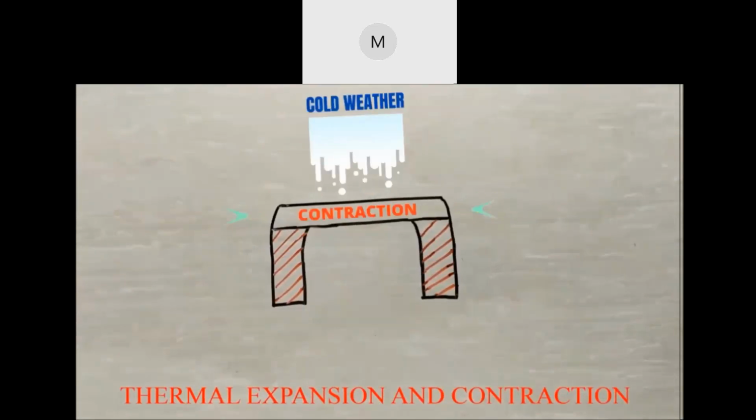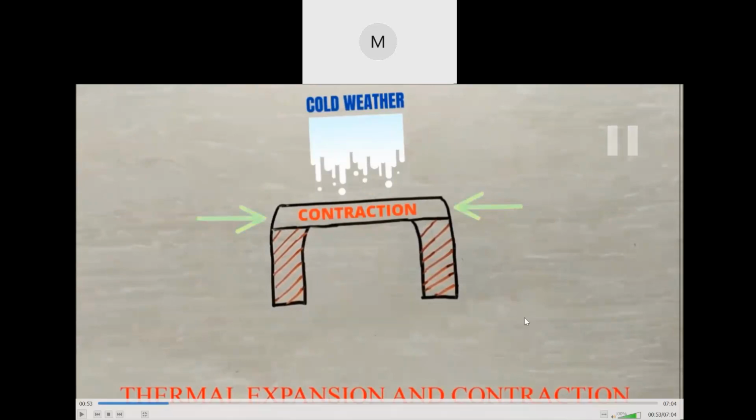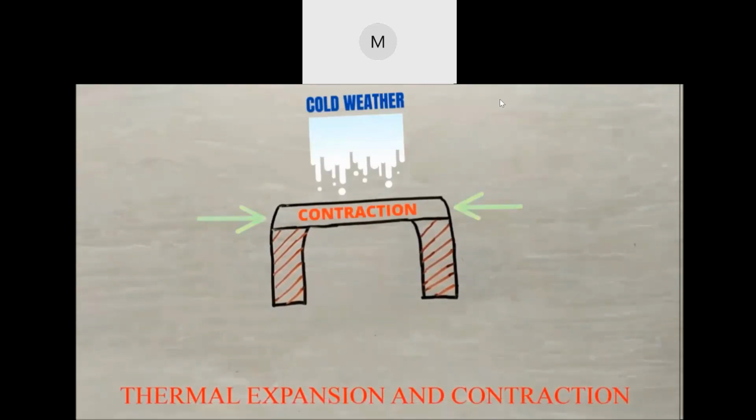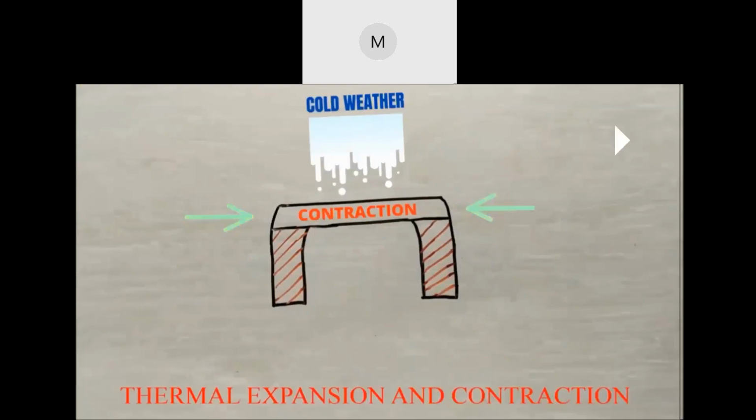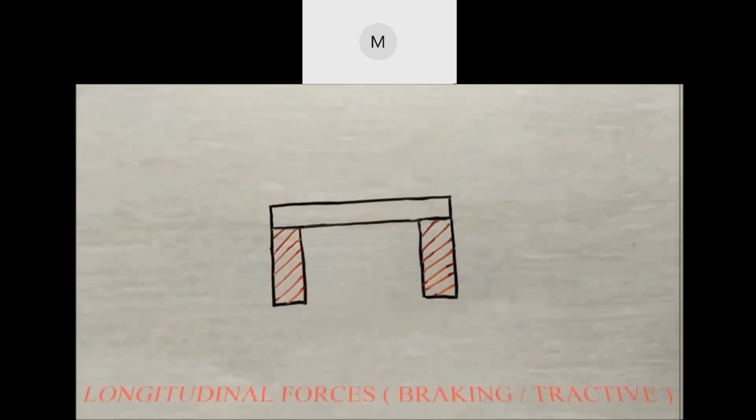So in cold weather, bridges having a long span contract and pull the supports.